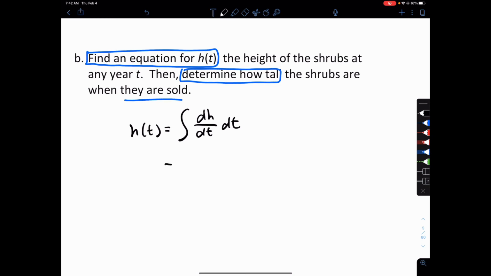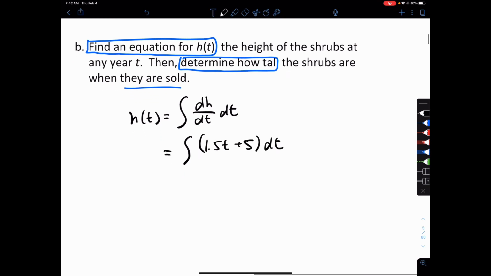So this rate of change is integrating 1.5t plus 5, more than one term, so put it in parentheses. If we add 1 to the exponent here, it's going to be t squared. Reciprocal of 2 is 1/2.